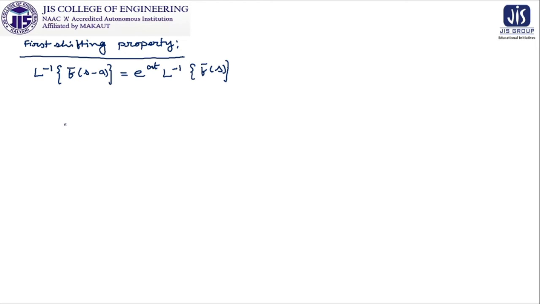I think we can easily identify that it is nothing but the result drawn from the first shifting property of Laplace transform, where Laplace transform of e to the power at f t is equal to f bar s minus a.